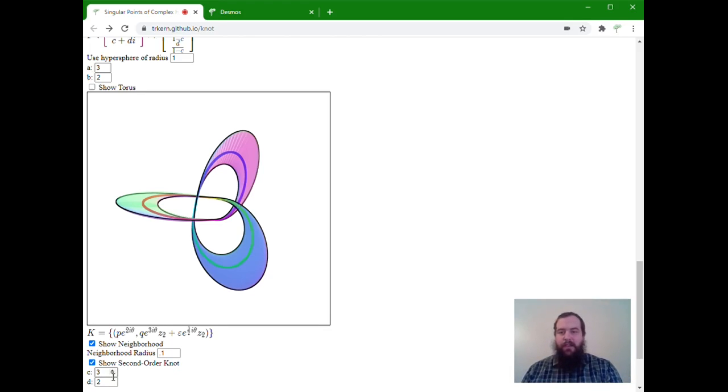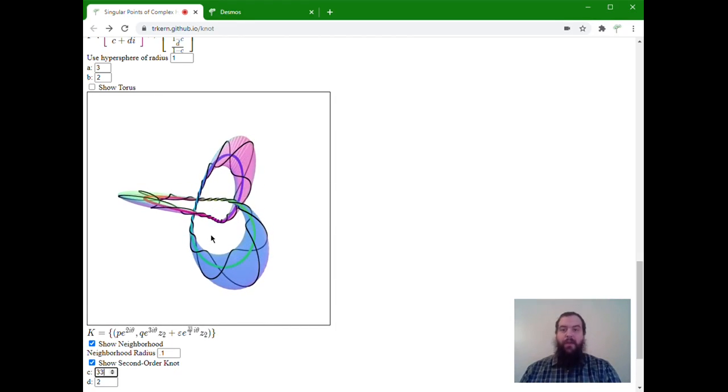And this is easier to see actually if we bump this up. So let's bump this up to something like, I don't know, 33. And now we can see really what's happening, right? This knot here is spiraling around 33 times in this neighborhood every time we go twice around the knot itself.